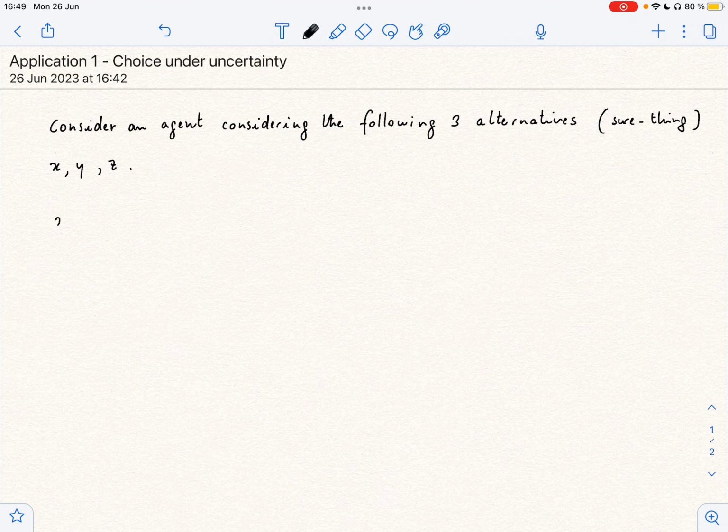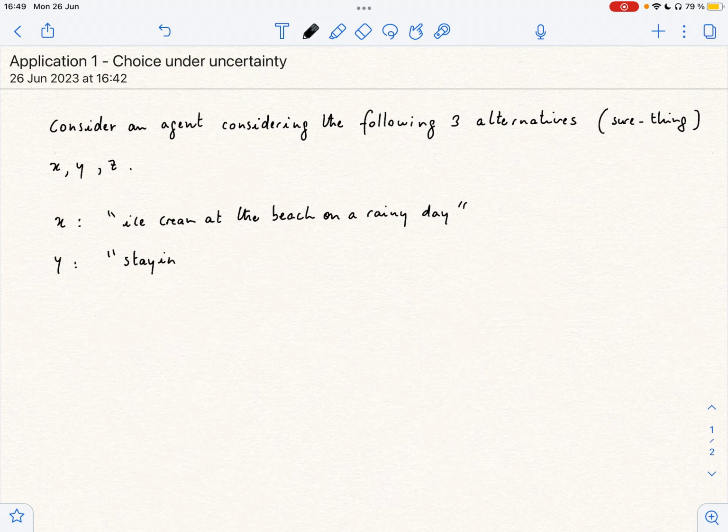And so you can think of X as ice cream at the beach on a rainy day. You can think of Y as being just staying home and reading a book. And you can think of Z as the same as X, except it's sunny.